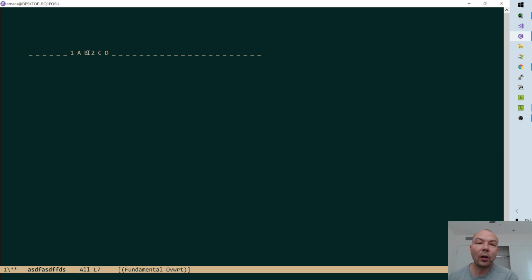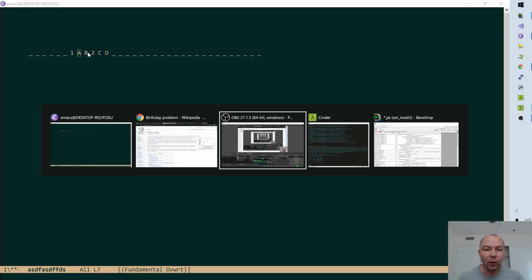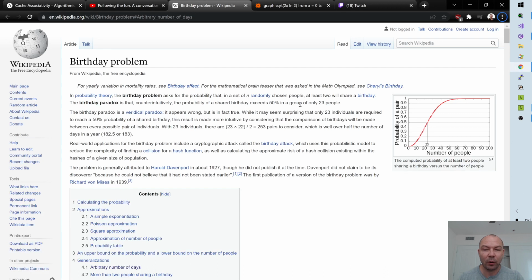Like, okay, so the load factor that some academic papers say is optimal for hash tables is like 83% or something. I like something like 70%. But keep in mind, birthday paradox, right? If you go to the Wikipedia page for birthday paradox, in a 365-day year, you get a 50-50 chance of a collision at 23.